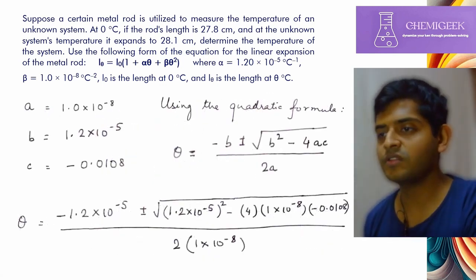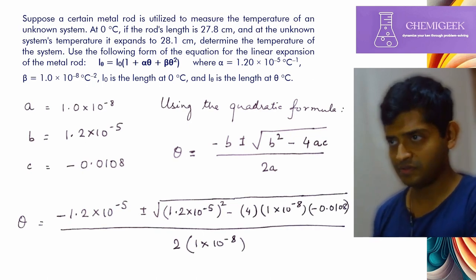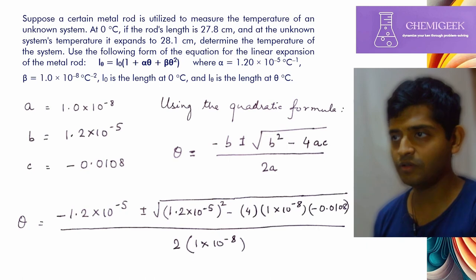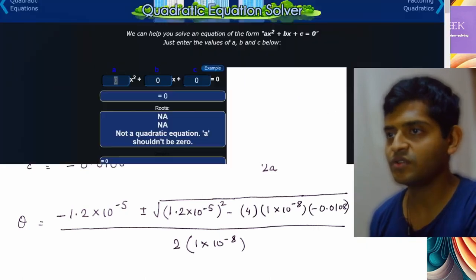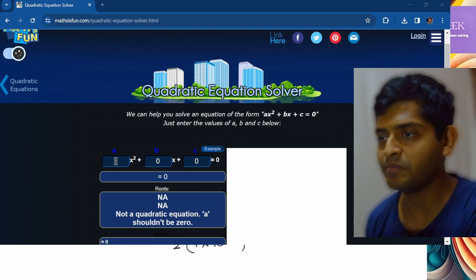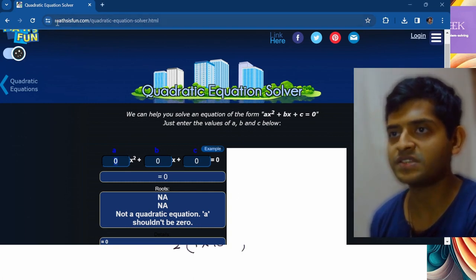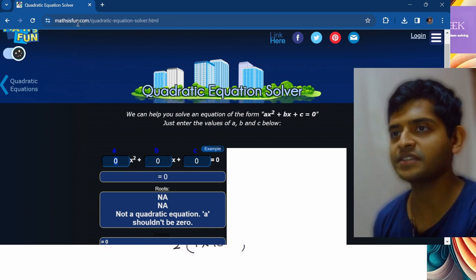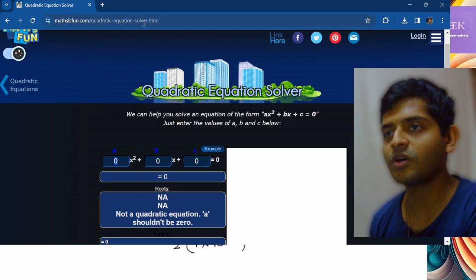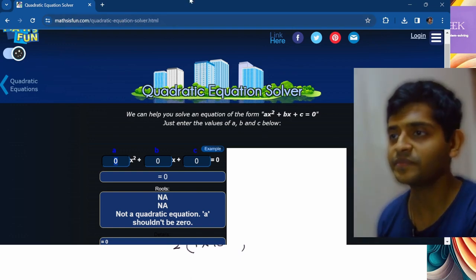We can also solve this question using an app which is freely available on the internet. So if we put these values in this app, Math is Fun, you can see the URL mathsisfun.com, and we have a quadratic equation solver here.